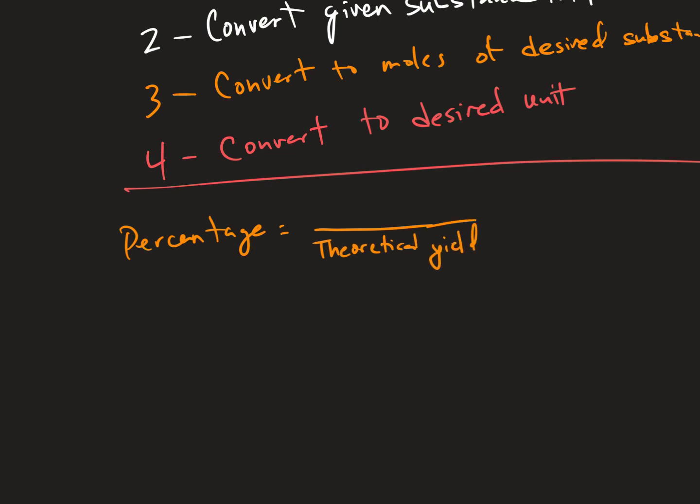What goes on top? What we actually get from doing this experiment, doing this reaction. We call this the actual yield. Maybe we should write a definition here. So this is percent yield.